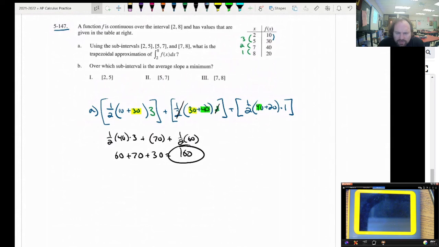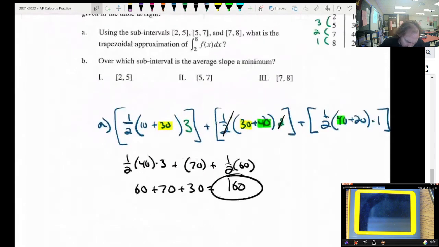Over which subinterval is the average slope a minimum? That's a good question here. Average slope. Well, you could find the average slopes, I suppose. That might be a way to do it. Yeah, let's try that.